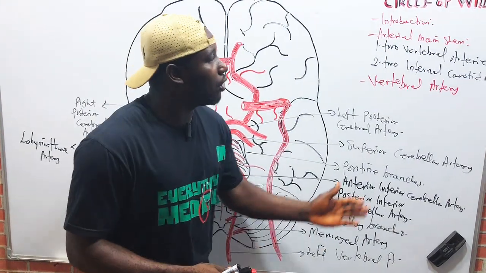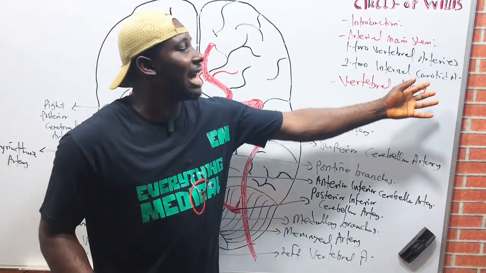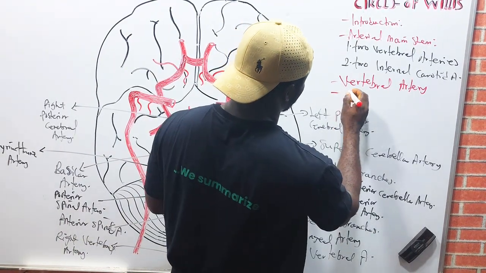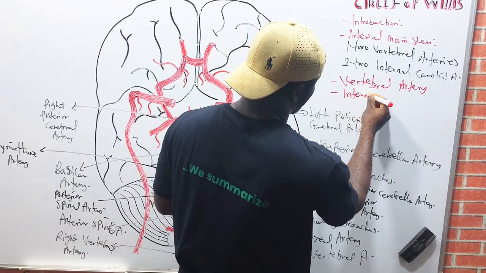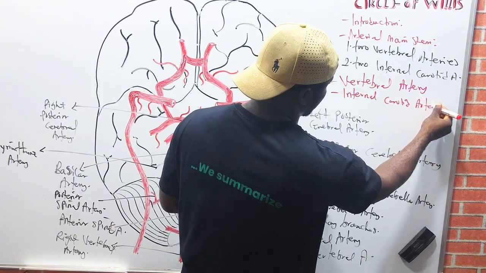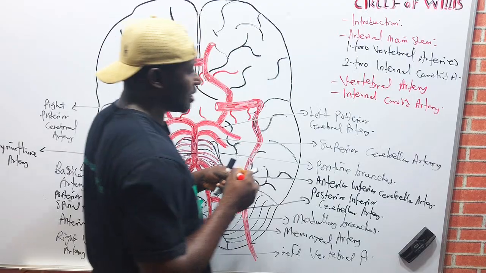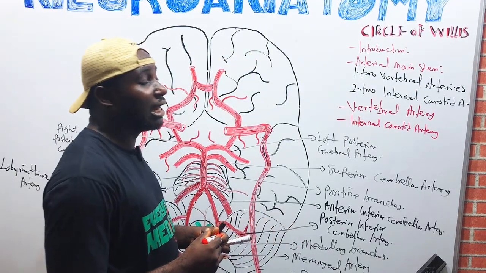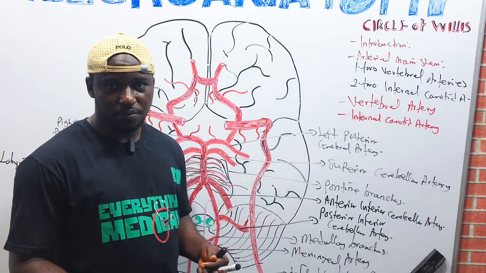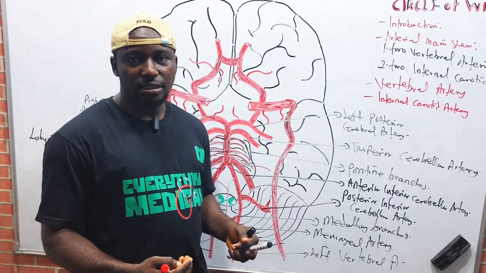Now, how does the internal carotid artery go? So we have number 2, the internal carotid artery. This vessel is actually a branch which arises from the common carotid artery, right?